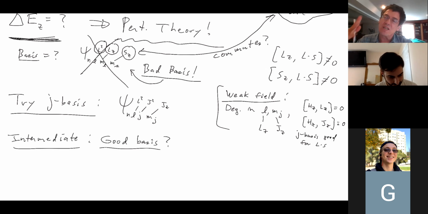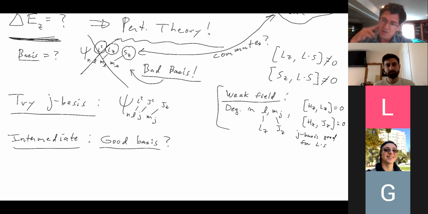What is the additional question that we must ask ourselves now in the intermediate field case that we did not have to ask before? We know it commutes with the L dot S term, but we don't know about the relativistic term. No, we did the relativistic term a while ago, and so we know that the relativistic term is okay, because the J basis gave us fine structure.